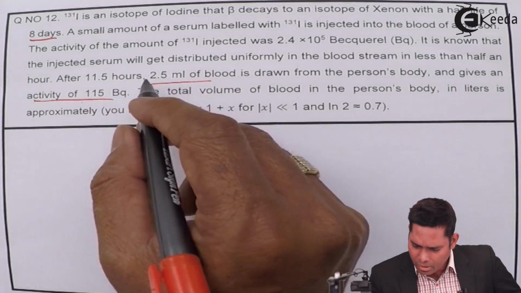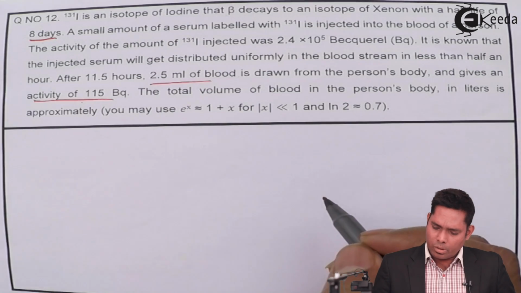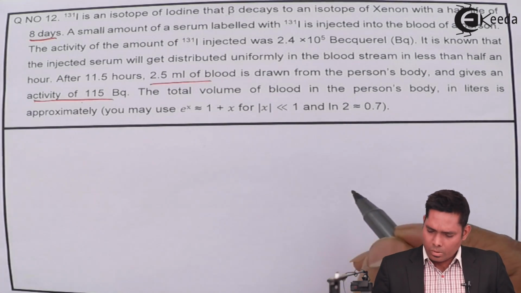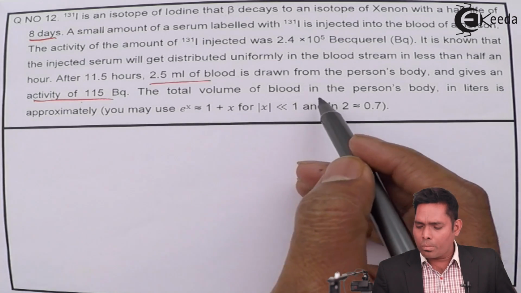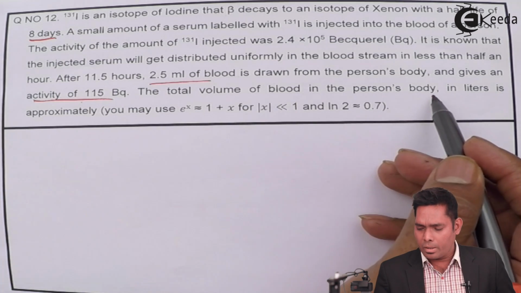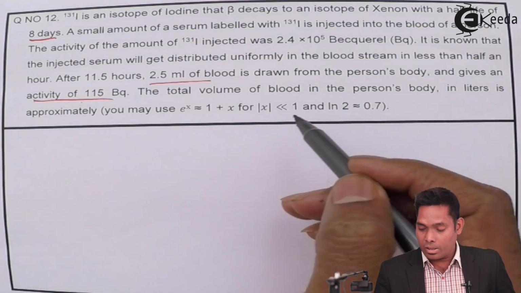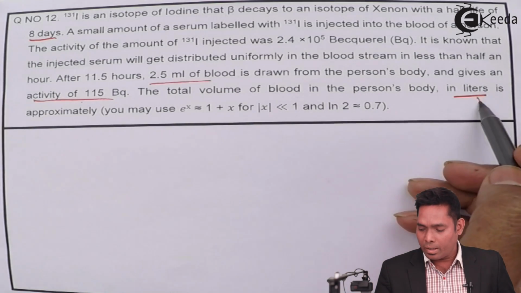So this is becquerel per unit volume, and we need the total volume of blood in the person's body in liters.